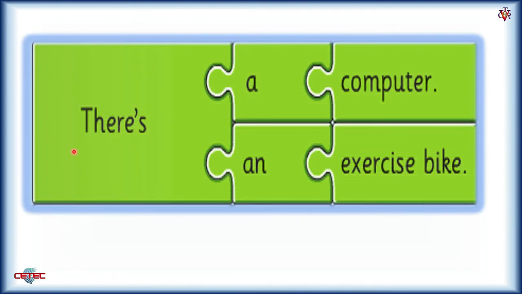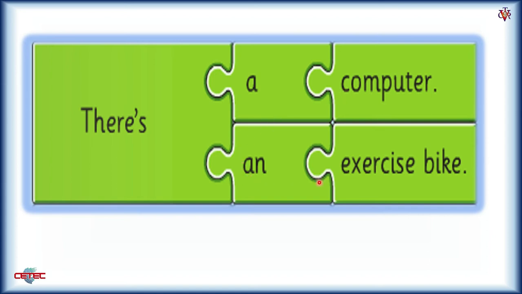Here, let's check these examples. Now there is a computer. There is an exercise bike. Here, the word a and the next letter is a consonant.